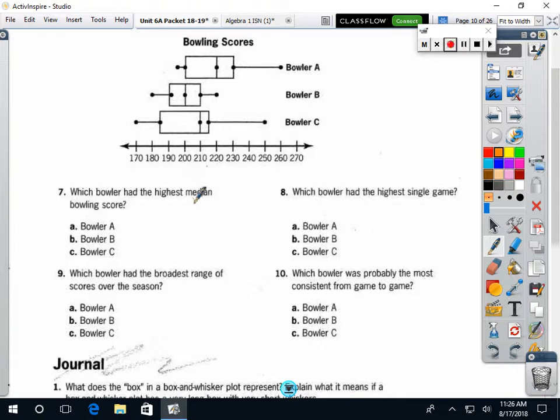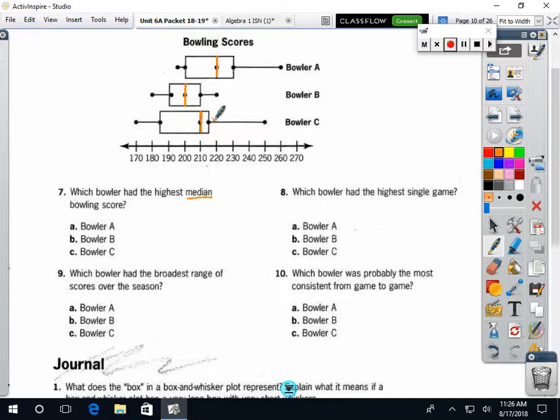Okay, so keyword median. Where is the median found, Collis, in a box and whisker plot? Right, the middle line of the box. So that's the median for bowler A, that's the median for bowler B, and that's the median for bowler C. So let's ask some people.